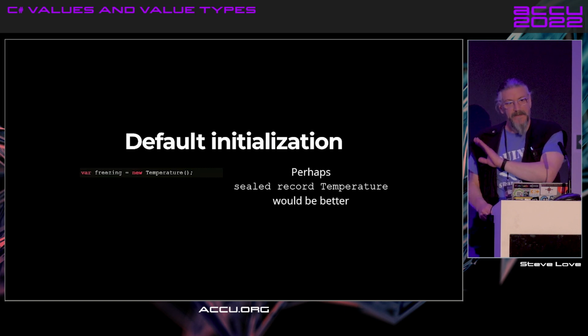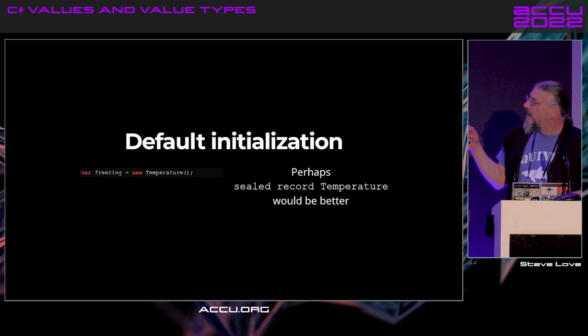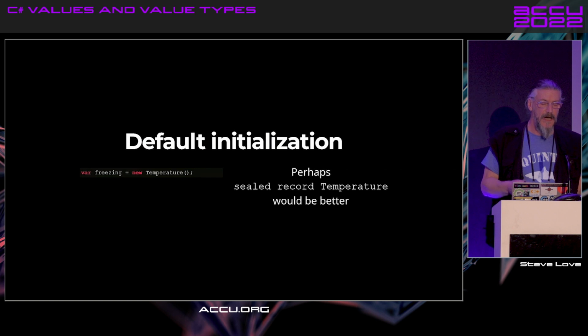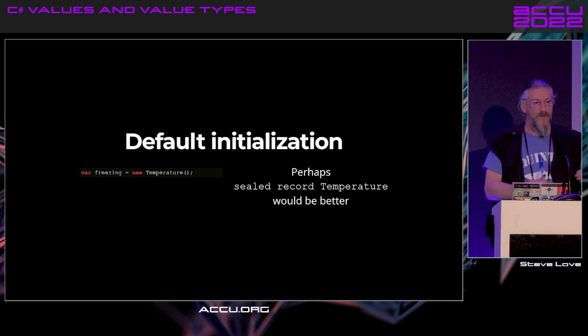And we come back to the default initialization. I should have mentioned earlier, when record struct came in, record class is its corresponding thing. You just don't have to put the class keyword in.